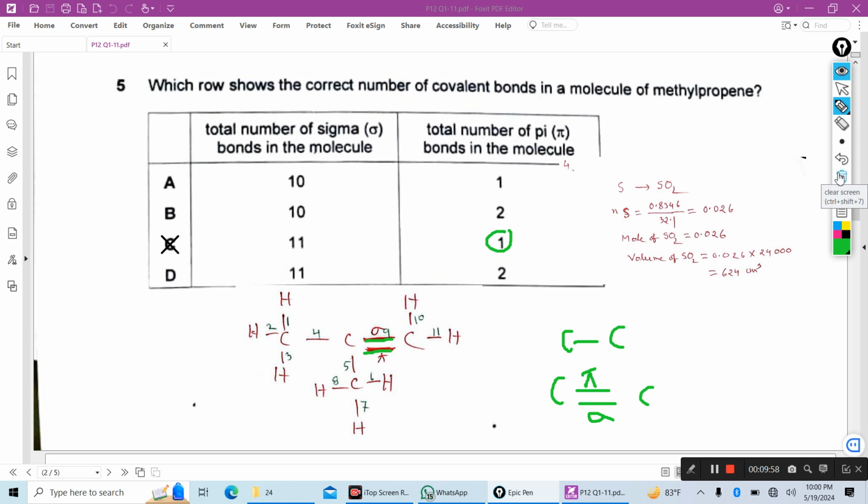Now you count the total number of sigma bonds, you see 1, 2, 3, 4, 5, 6, 7, 8, 9, 10, 11.